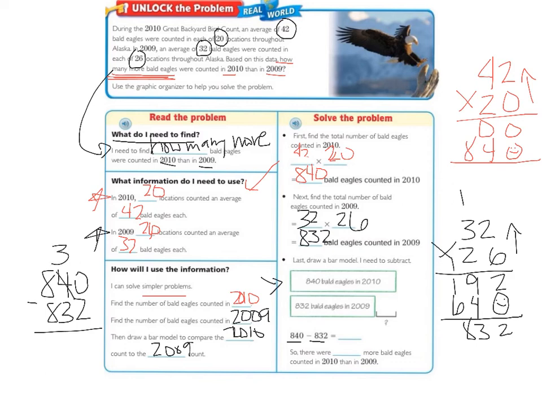It becomes a 3. I bring over a 1. 10 minus 2 is 8. 3 minus 3 is 0. 8 minus 8 is 0. So I'm left over with just 8. So there were 8 more bald eagles spotted in 2010 than there were in 2009.